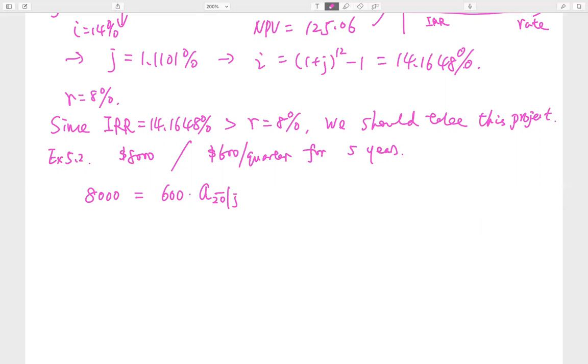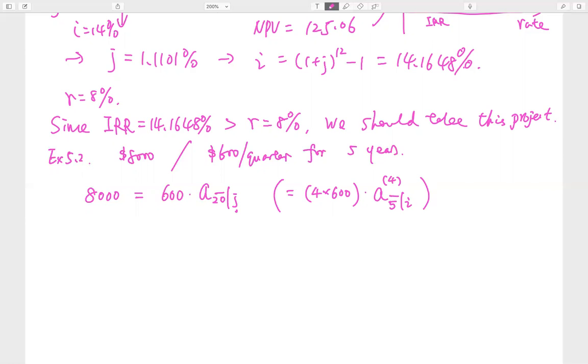That is the notation I usually use because it only uses the most standard annuity immediate. But if you want, you can also calculate the annual payment, which would be 4 times 600, and because this is a p-thly annuity and p is 4, we can use this. But here it will be the number of years, 5. This j must be the effective interest rate for the corresponding time unit, in this case, the quarter.